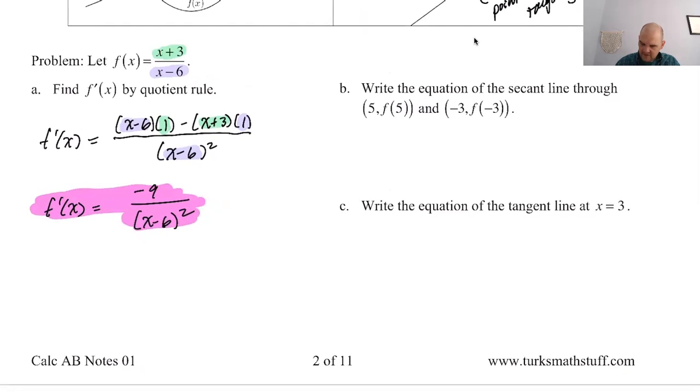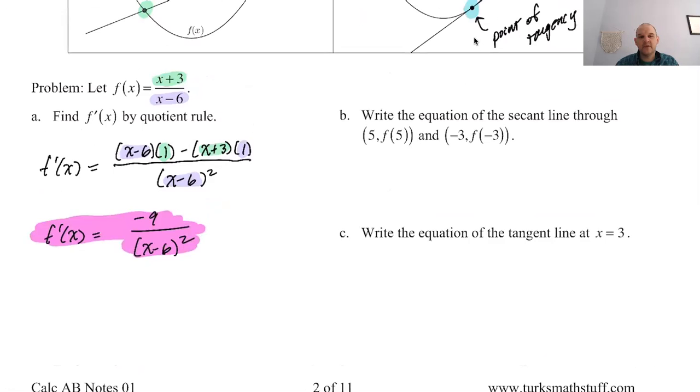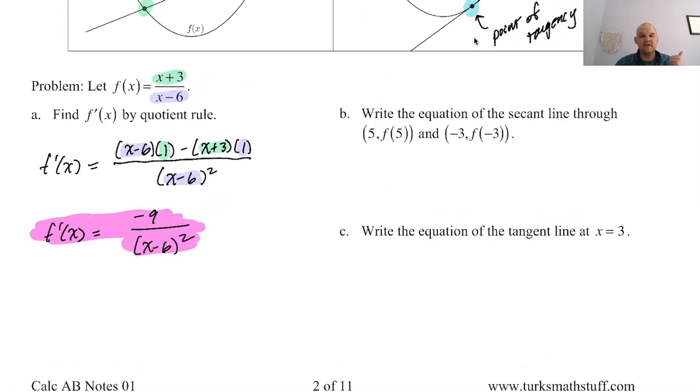So write the equation of the secant line. Okay, so to write the equation of a line, I'm going to need a slope and I need a point. Well, we're given the points. Let's find those. So f of 5 is 8 over negative 1, so negative 8. f of negative 3 is 0, actually.